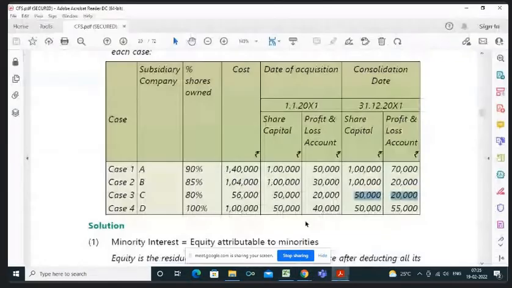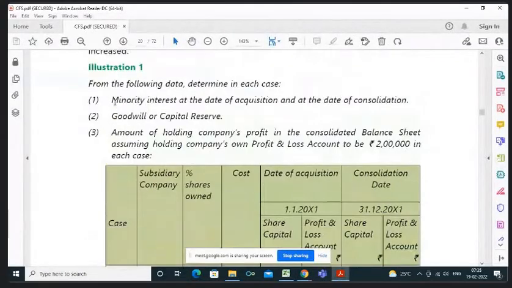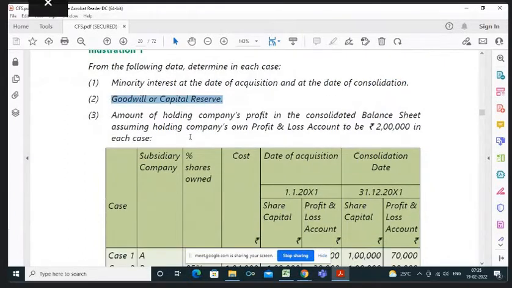Then what else is required? We have to find out the minority interest both at the date of acquisition and at the date of consolidation. This is done. To find out the goodwill or capital reserve, that is also done. Now we have to find out the amount of holding company's profit in the consolidated balance sheet. It will be consolidated as on 31/12/2011.